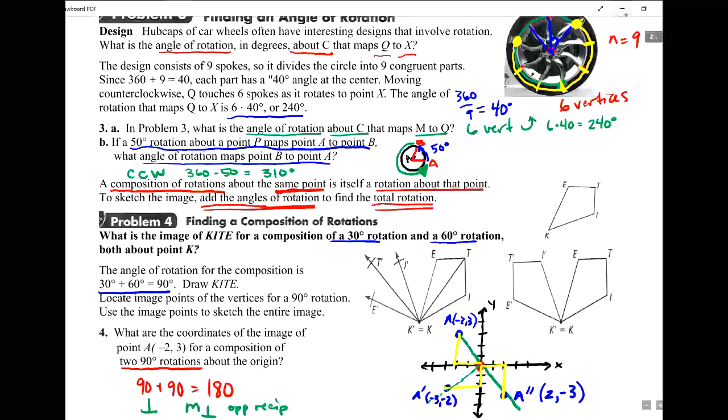Now look at the second rotation here, our A double prime, our image. We went over 2 and down 3, and look at your coordinates. They are exact opposites because we are in opposite quadrants, right? This first quadrant is positive, positive. Second quadrant is negative, positive. Third quadrant is negative, negative. Fourth quadrant is positive, negative. So do you see the relationship here between your coordinates?